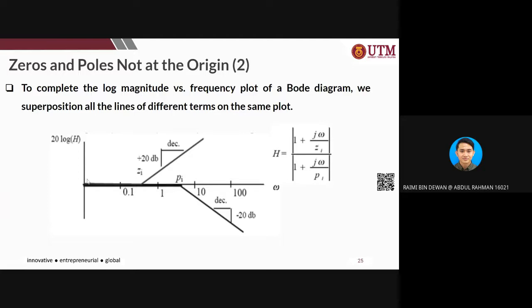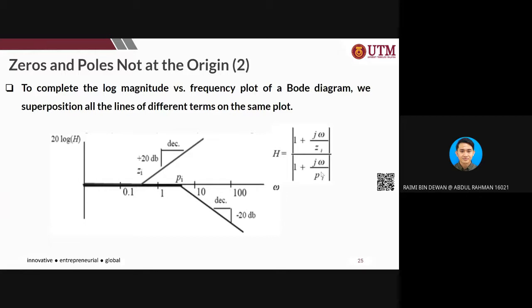So z1, for example, here is 0.5. It is not at the origin, so we only count the value after, and it gives a rise of 20 dB per decade.